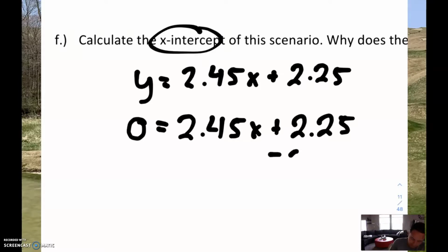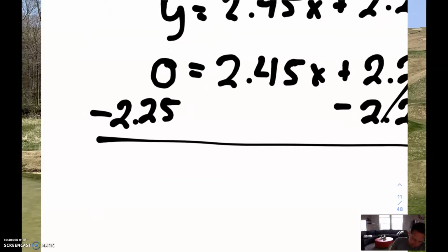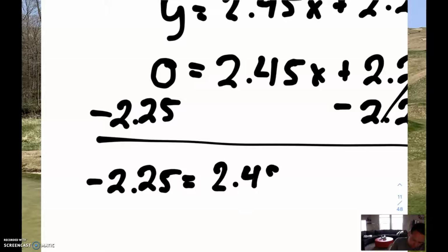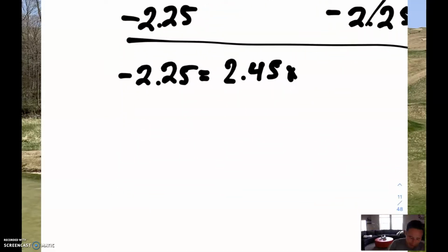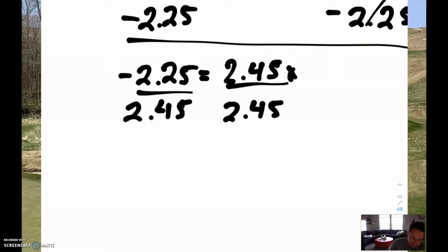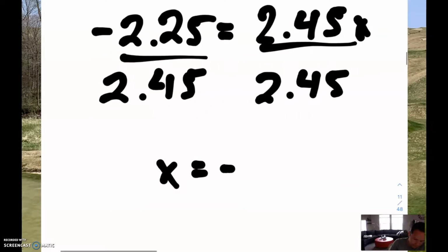So we subtract 2.25 from both sides, and we get negative 2.25 equals 2.45x. You'll notice something weird happening here, and that's fine. We divide by 2.45 on both sides, and we end up getting x equals negative 0.92.